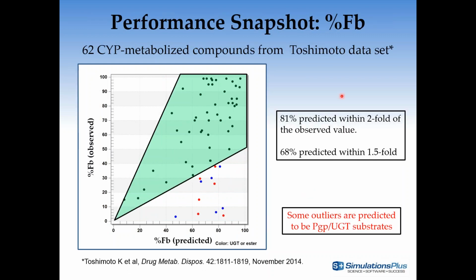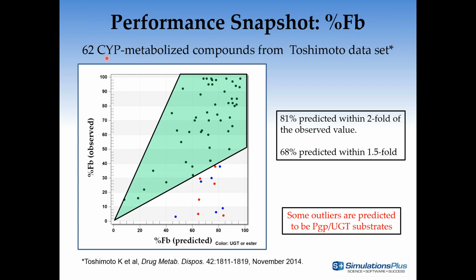As far as fraction bioavailable, this is a similar performance plot on a published data set from Tashimoto. Here, 62 compounds that are primarily CYP metabolized. One of the inputs to the simulation is an intrinsic clearance, for which we are using an ADMET Predictor predicted intrinsic clearance, but it is specific to cytochrome P450s.